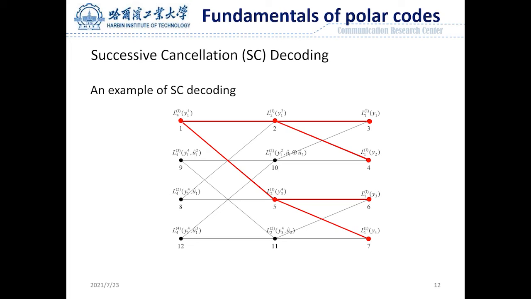Next, we can calculate the LLR value of node 8 according to the LLR values of node 2 and node 5, and also the value of U1. After that, we can calculate the rest of the nodes similarly.